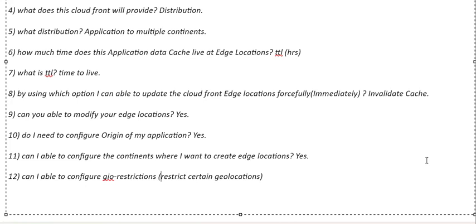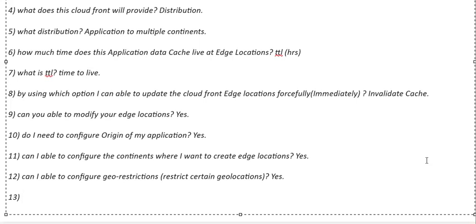That means, can I block certain continents, regions or areas while configuring my CloudFront? The answer is yes, you can do this as well.